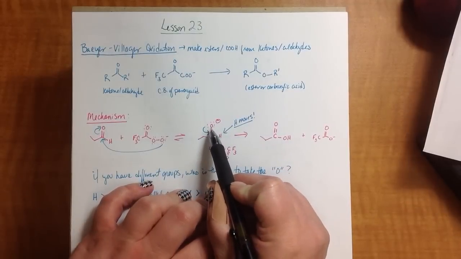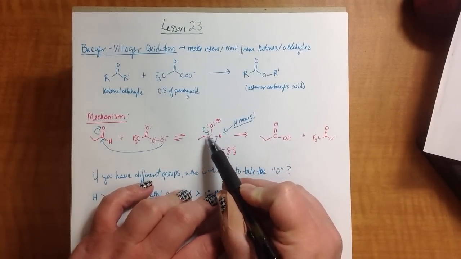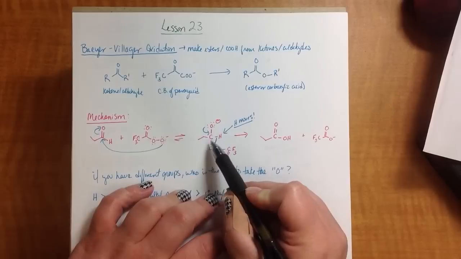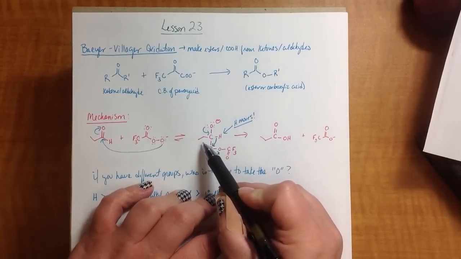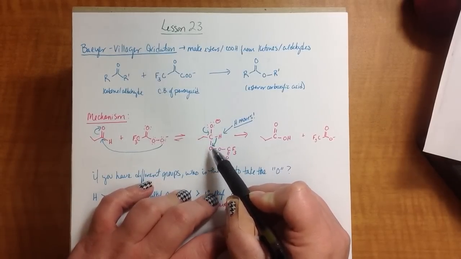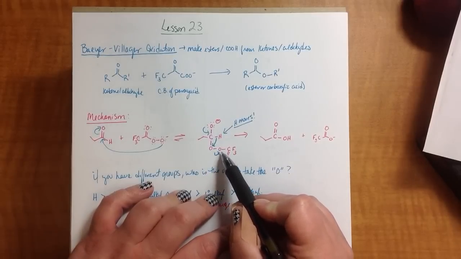The electrons from the oxygen fall back down, which means that there would be too many bonds on this carbon. So instead of the normal types of things happening, what actually happens is that one of these R groups, either this side or this side, decides that it's going to shift down and grab that oxygen, which would give it too many bonds, which is why this bond then breaks.